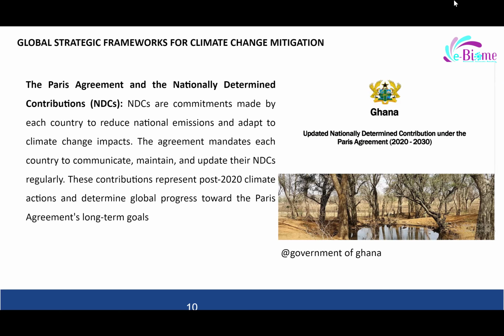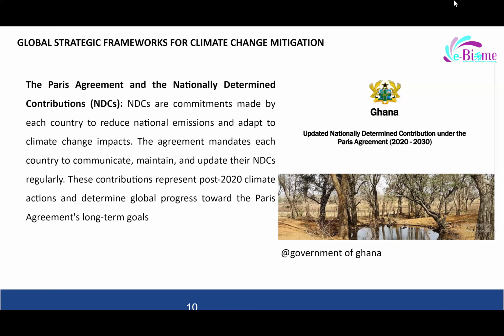Now, these documents are communicated to different countries because sometimes efforts to mitigate climate change need transnational collaboration. So it is important that this document and the project are communicated to other state agencies and international bodies who can also liaise with other governments to see how best collaboration efforts can enhance these mitigation activities.